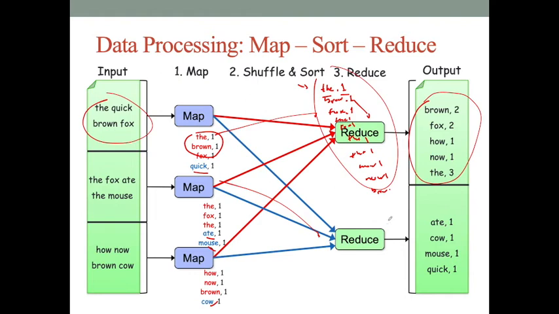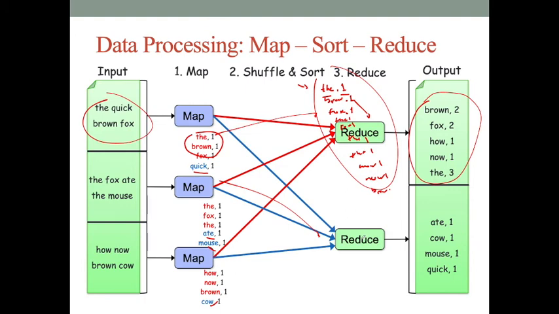And all this is happening in parallel. For example, if you have three identical machines in your cluster, then processing the mappers is going to be three times faster if you use this framework. For the reducers, we only have two, so one of the machines is not going to be working.